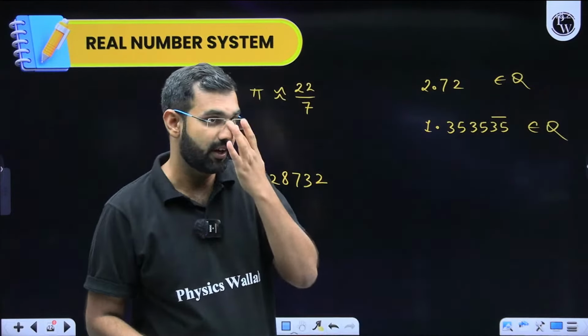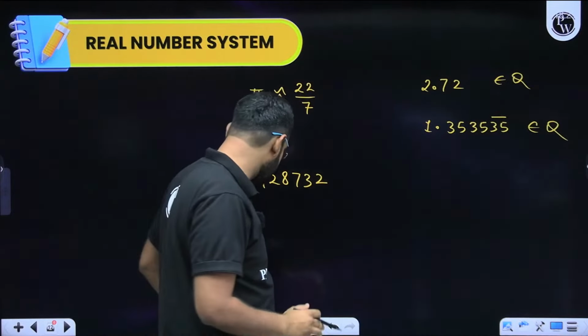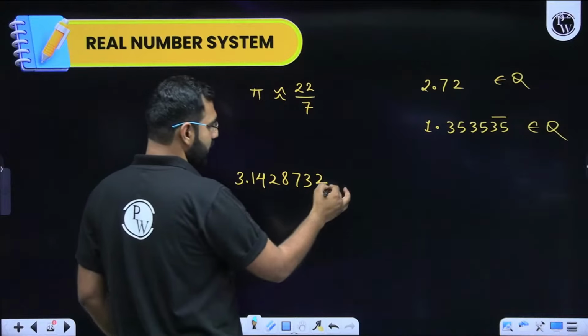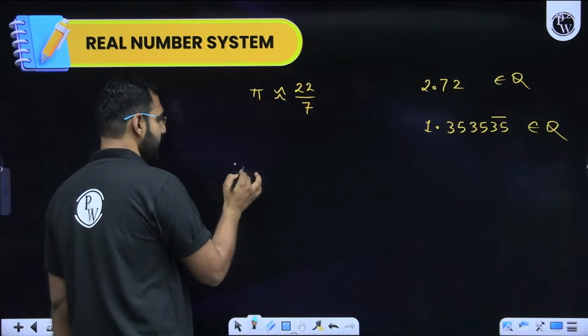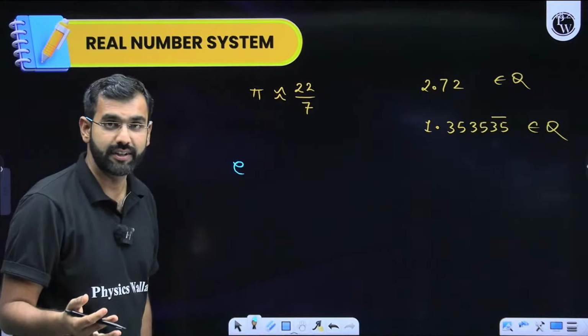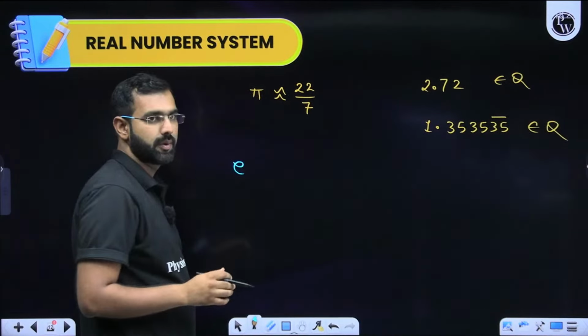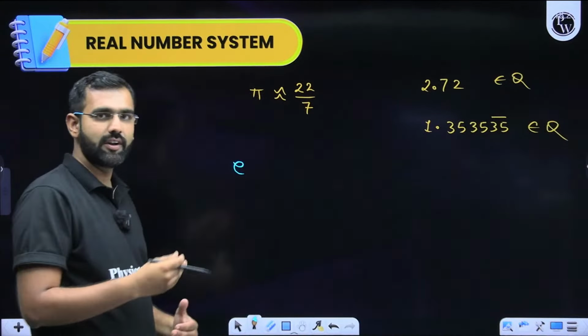That's good, Avinash. That's brilliant. But I hope you all remember that any number which just gives different digits, for example e, Napier's constant, is clearly an irrational number because after the decimal you don't see any pattern.